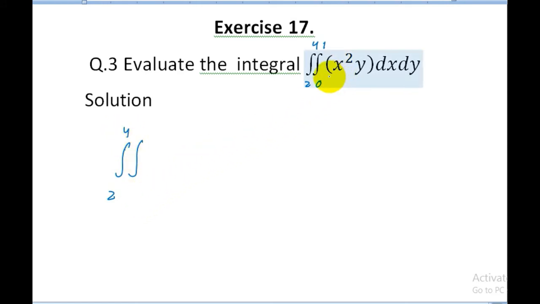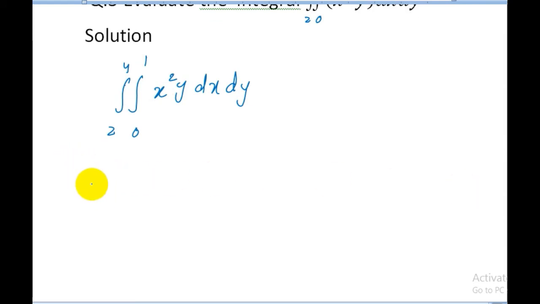This is a rectangular region, 2 to 4, 0 to 1, x square y dx dy. So first I write it as integration 2 to 4, integration 0 to 1, x square y dx dy.